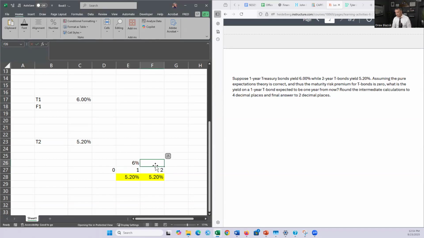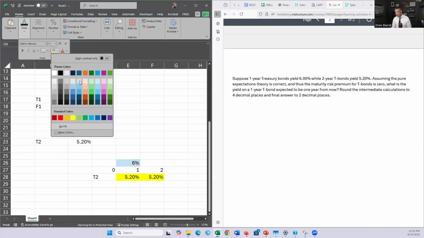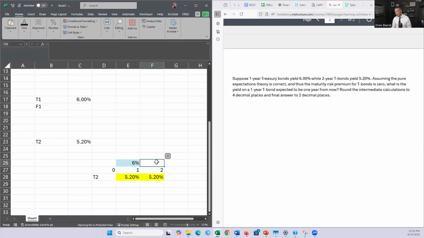What we're trying to solve is, if you get a 2-year treasury for 5.2% each year, and we know what the 1-year is at 6%, that means we could figure out, if pure expectation theory holds, what the next interest rate would be.